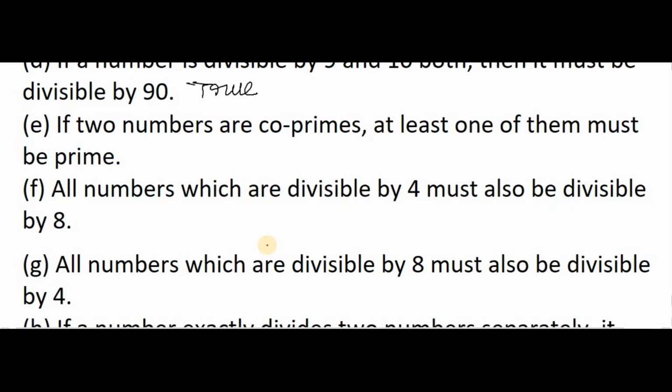If two numbers are co-primes, at least one of them must be prime. It is not compulsory, because for example, 20 and 21, because some consecutive numbers are not prime numbers, so that is the reason I selected this.